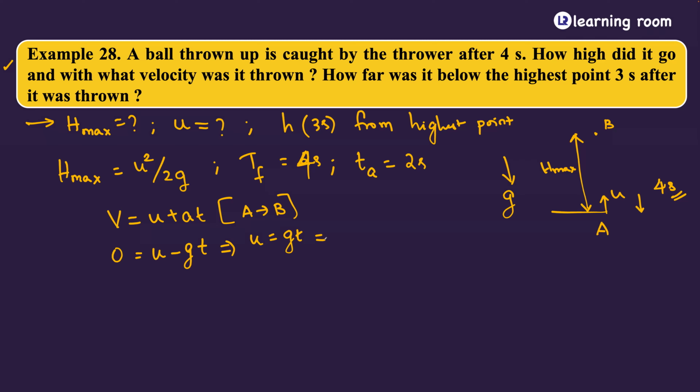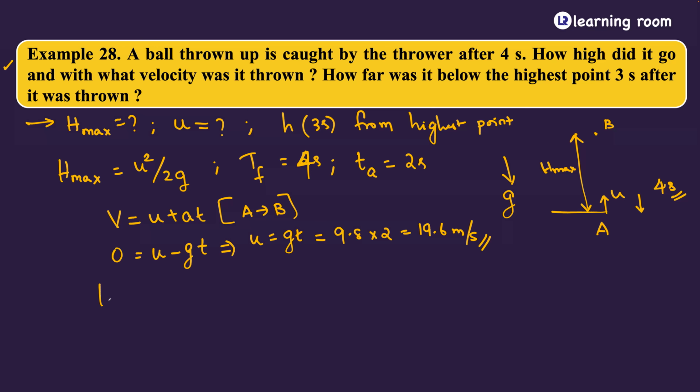So G is how much? 9.8 into time, which is 2. It is going to be 19.6 meter per second. So this is the initial velocity with which it was projected upwards. Now, since you know this value, substitute it here.